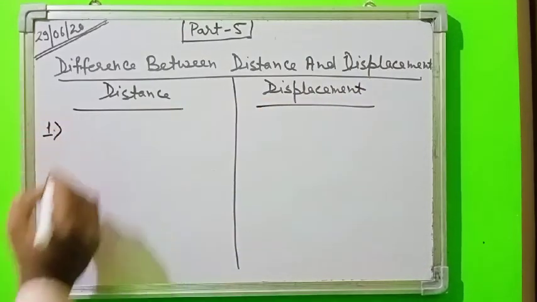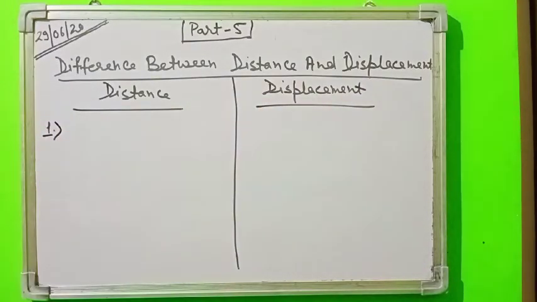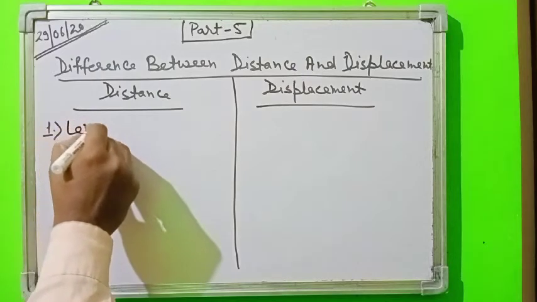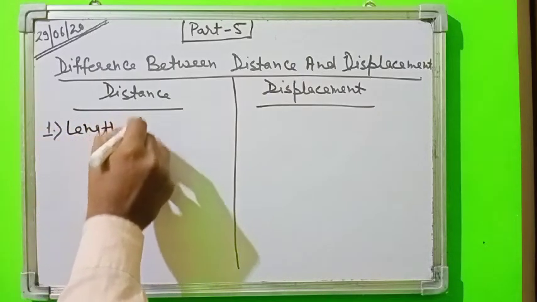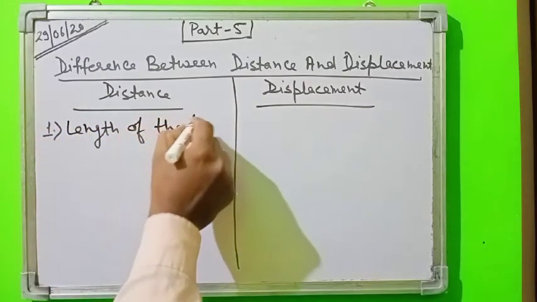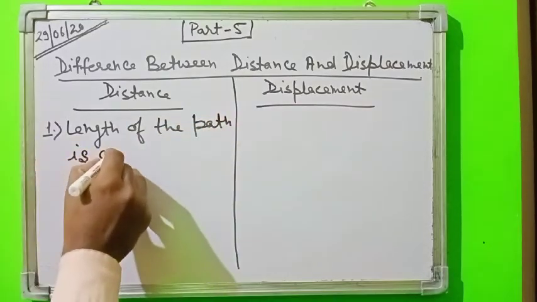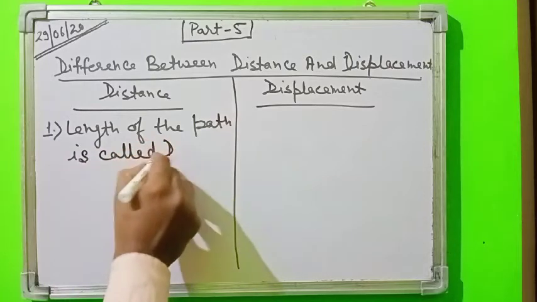The first point of difference is that the length of the path is called distance.